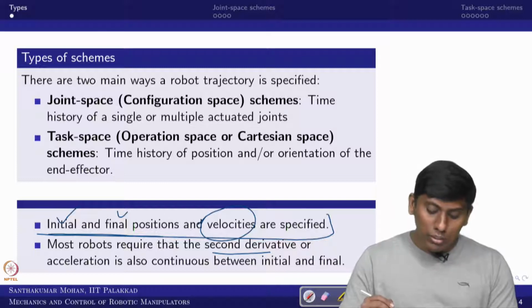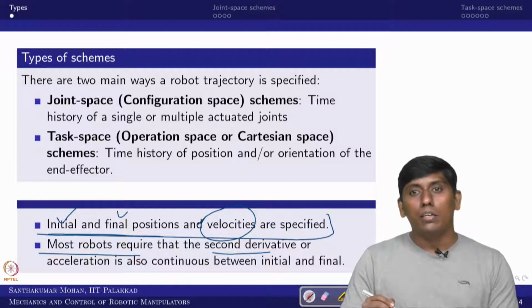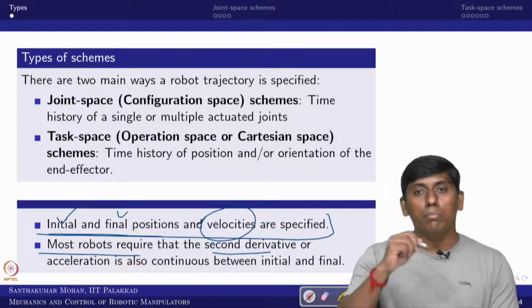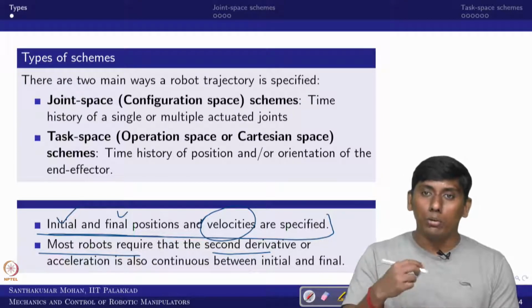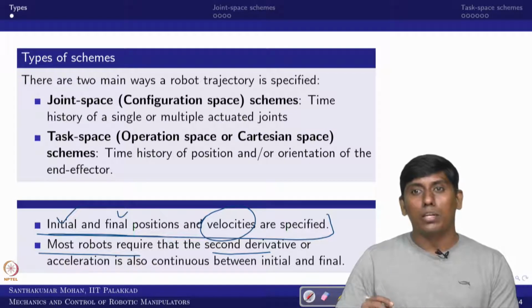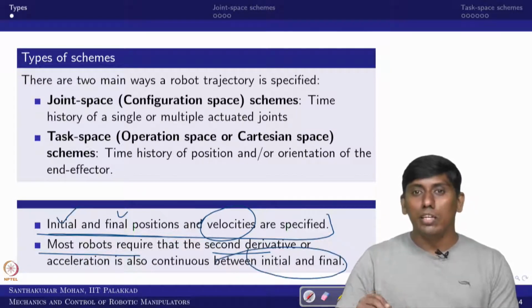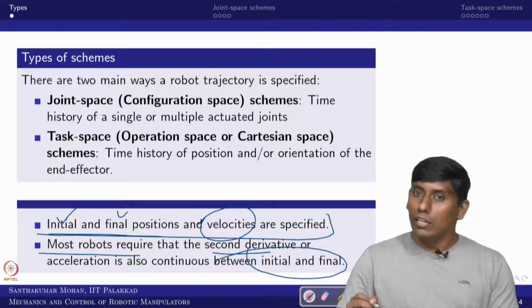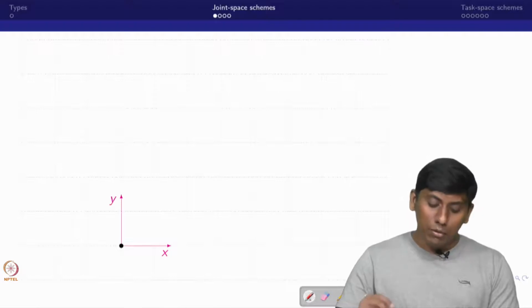We already know this. Most manipulators require the second derivative to be continuous in order to keep the force finite, that is, the force profile, torque profile, or the voltage to be given to the motor.